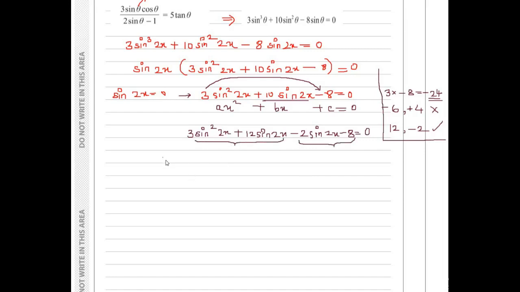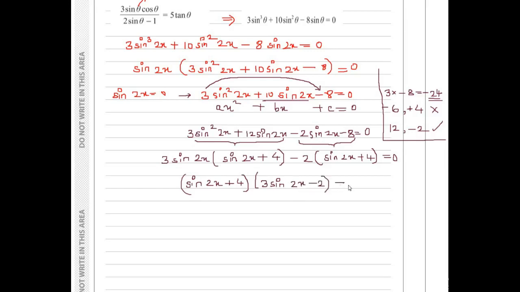We have 3 sine 2x common from the first two terms, so sine 2x plus 4 remains. From the last two terms we take minus 2 common, so sine 2x plus 4 equals 0. So we factorize it as sine 2x plus 4 times 3 sine 2x minus 2 equals 0. Now we have got 3 factors in total. One factor was sine 2x equal to 0, and these are the next 2 factors.